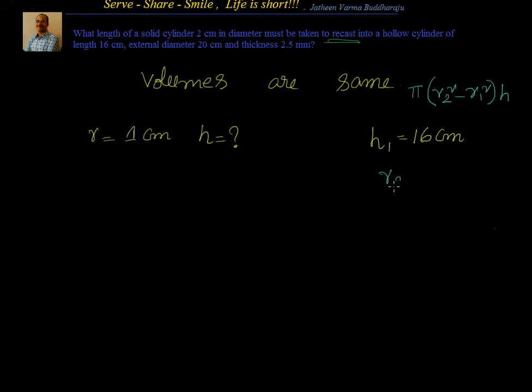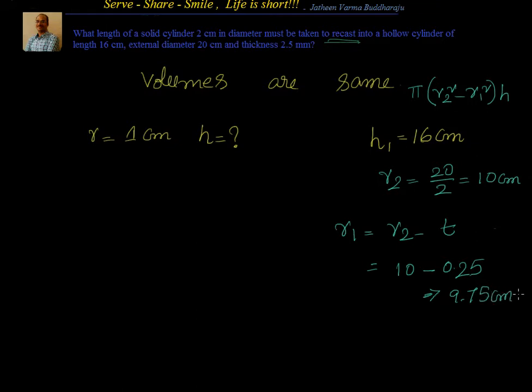So R2 equal to 20 by 2, that's equal to 10 centimeter. And what will be R1? R1 will be R2 minus thickness. That's 10 centimeter minus 2.5 mm. So can I say 0.25 centimeter? That's equal to 9.75 centimeter.